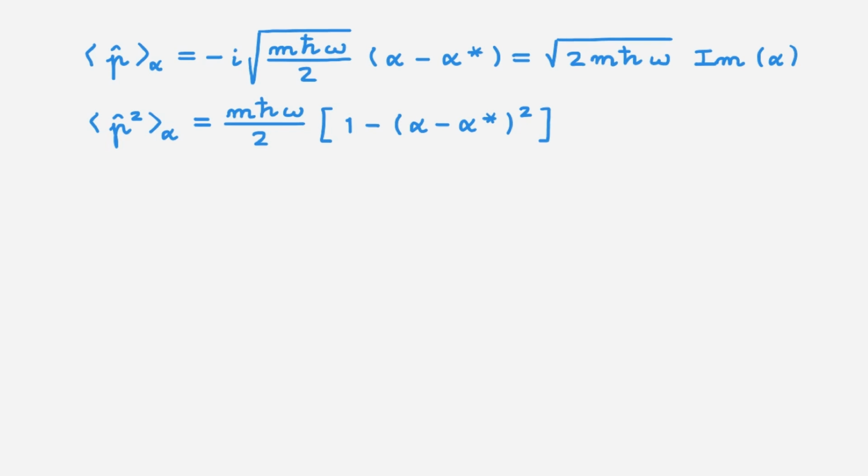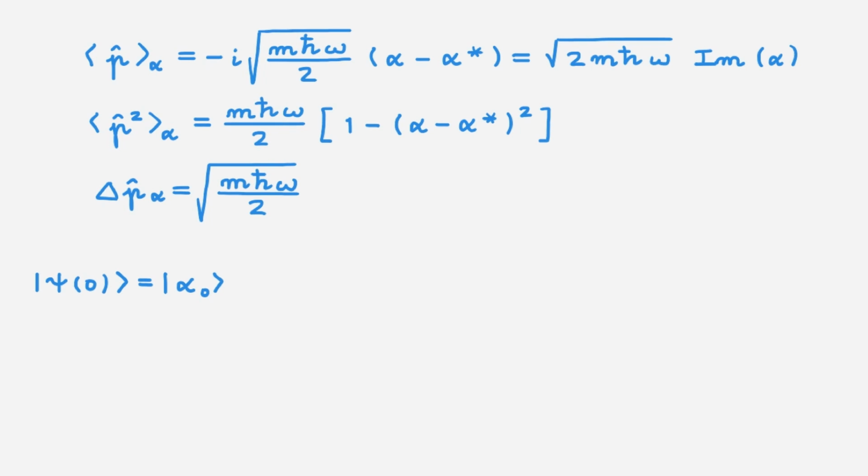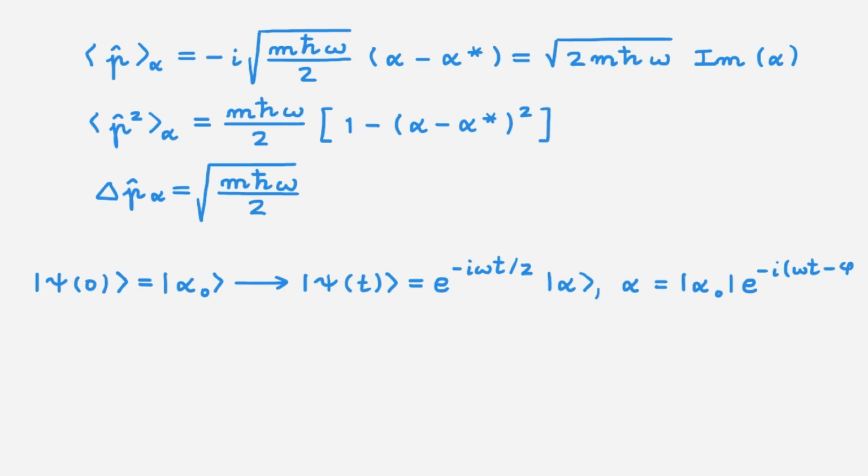Finally, putting these results together, we can also evaluate the root mean square deviation of the momentum operator, which is equal to the square root of m h bar omega over 2. And note that this result is again independent of alpha. For the time dependence, we again consider an initial state that is a coherent state alpha 0, and then the state at a later time t is another coherent state alpha, where alpha is related to alpha 0 by this expression.